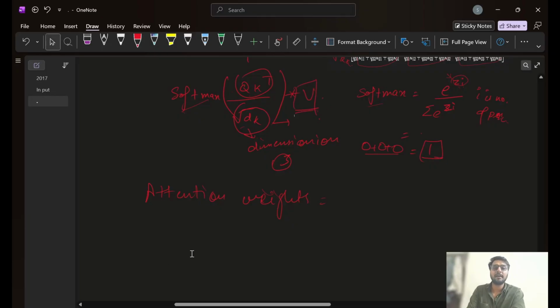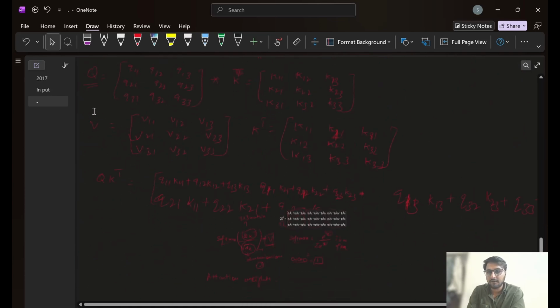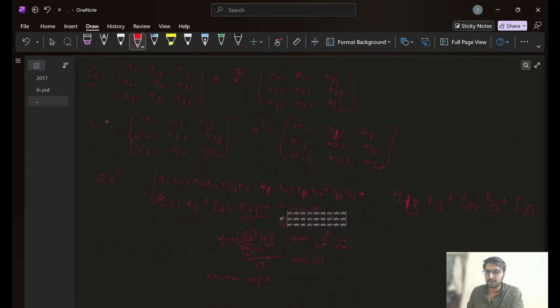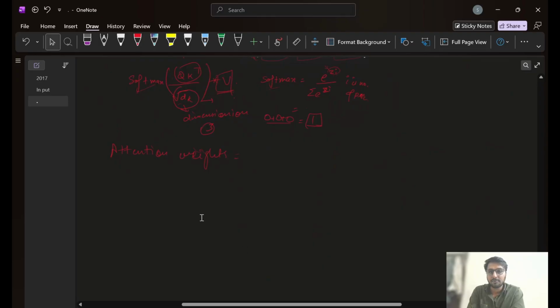Value is also a matrix that we all know. So this is our value matrix, and we need to multiply this value matrix with this softmax part.